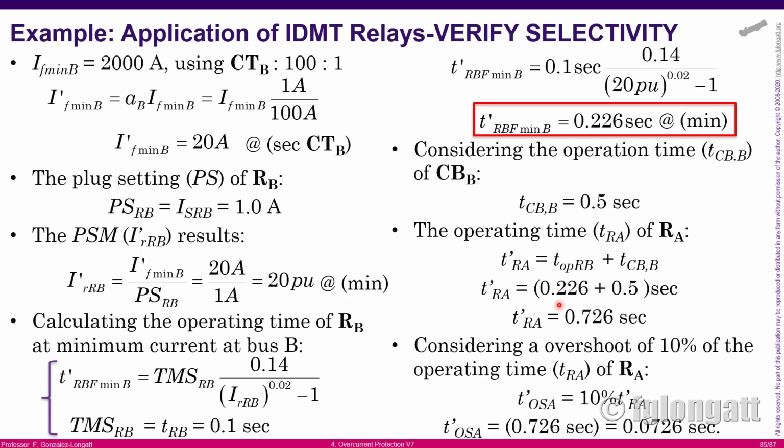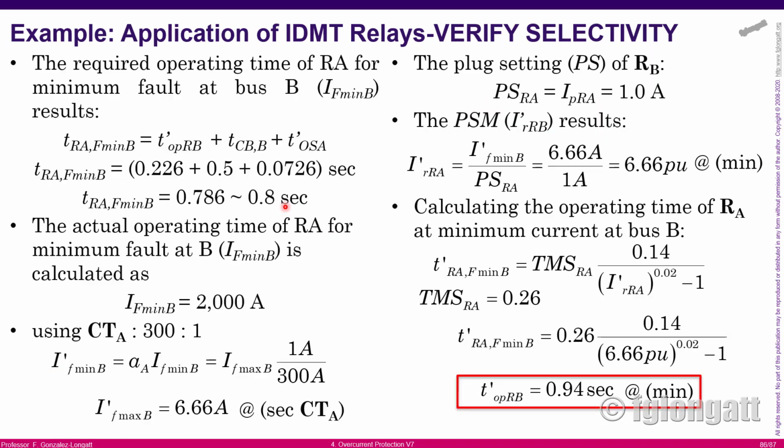That is the minimum time to provide the backup protection. And considering 10% of overshoot, that means that the operating time of the relay A, considering minimum fault levels at B, should be around 0.8 seconds, okay?